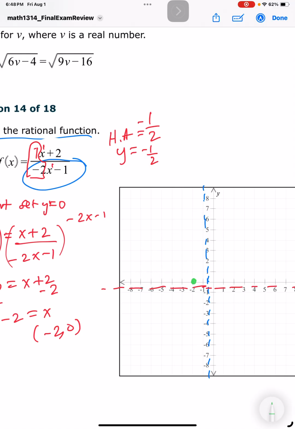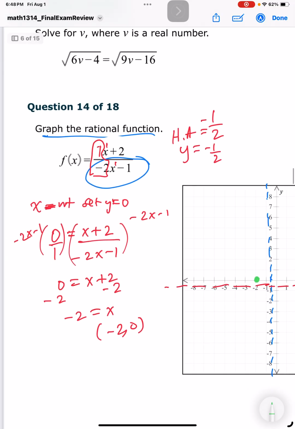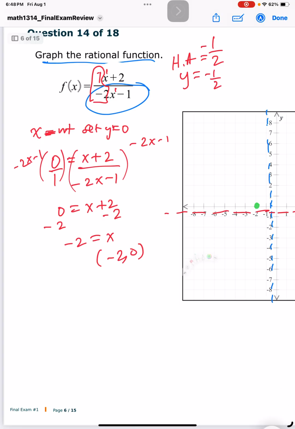And now we need to figure out what is our y value, our y-intercept. And again, that same song and dance holds true. I'll do it down here. Let me get a different color here. Let's do yellow for y-intercept. You would set x equal to 0 and solve.